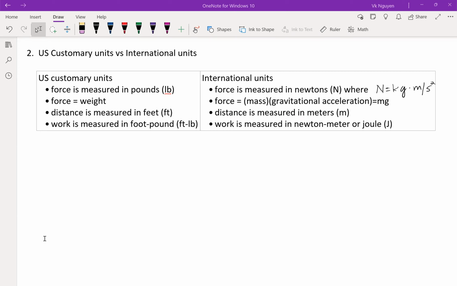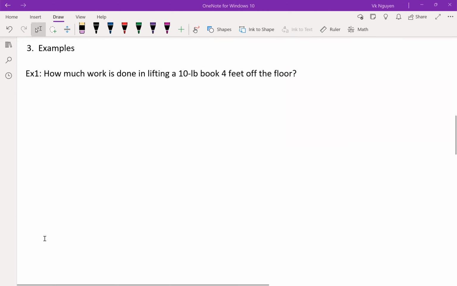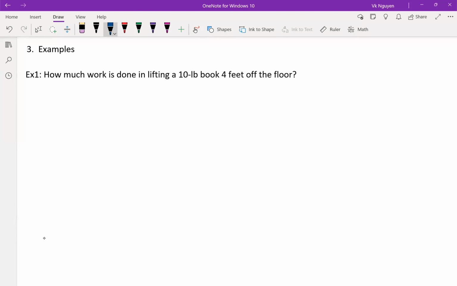Okay, let's get ready for some examples. Our first example is how much work is done in lifting a 10-pound book 4 feet off the floor. Well, if you look at the force here, this is constant. The 10-pound book stays the same throughout the lifting.